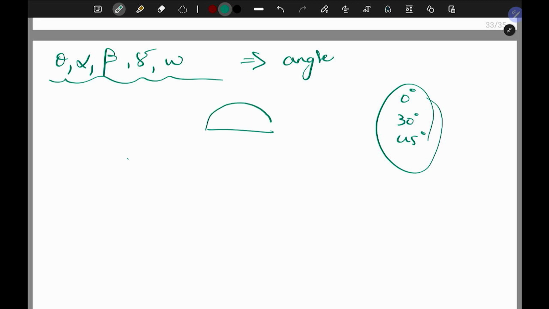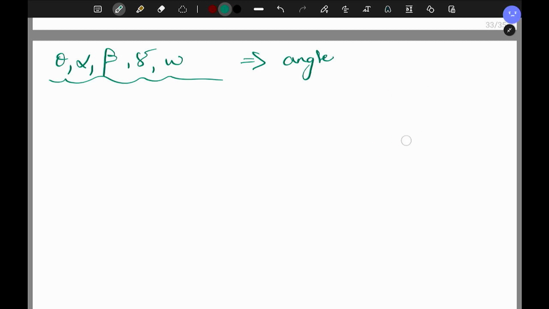A semicircular scale which has angles over it. This is a protractor. Okay, I'm going way too deep, I know. Alright, so what is theta now? It is basically a variable like x, y and z, but instead of x, y, z, to define angles we usually prefer theta, alpha, beta, gamma, etc.